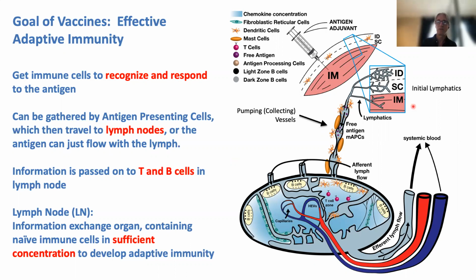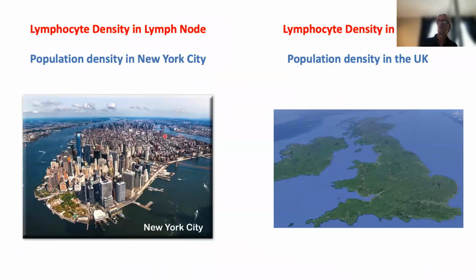If you compare the population density of T cells and B cells in the lymph node, it's something like New York City. The population density of New York City is really high. If you draw an analogy to the number of T cells that you find in a lymph node, then the number of T cells you would find in muscle would have a population density equivalent to about that of the UK.